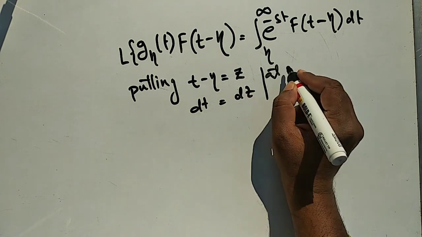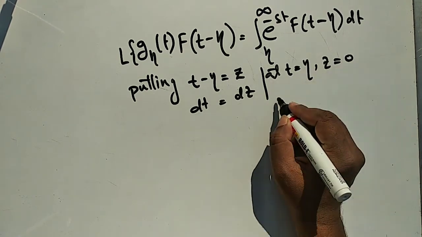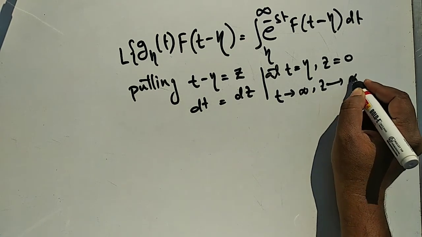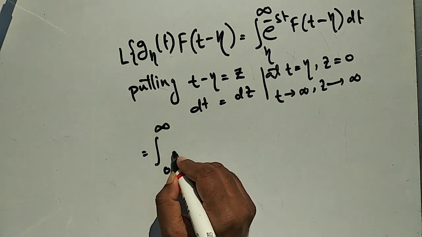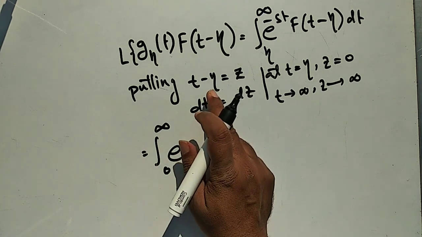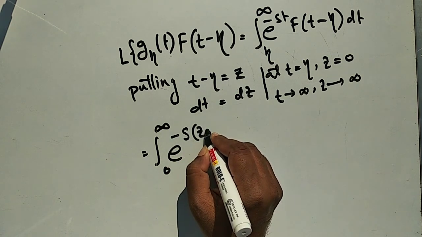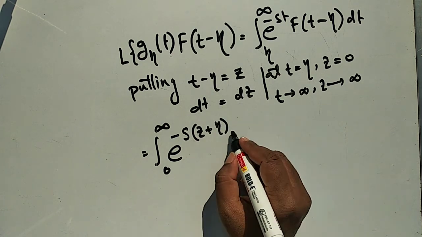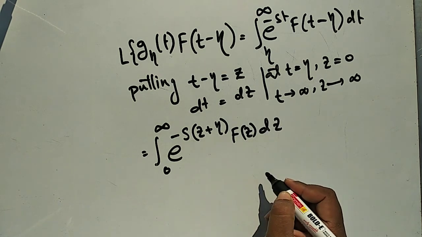Then at t equal to eta, z equals 0, and as t tends to infinity, z tends to infinity, so the resulting integration reduces to the integral from 0 to infinity of e to the power of minus s times (z plus eta), f(z) dz.